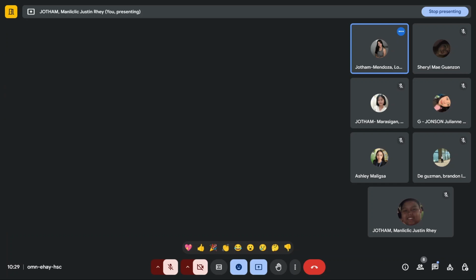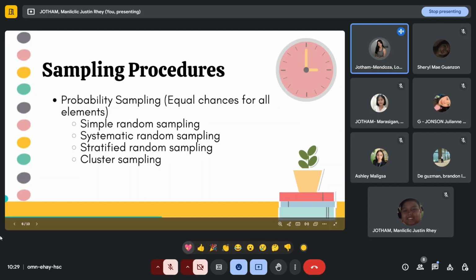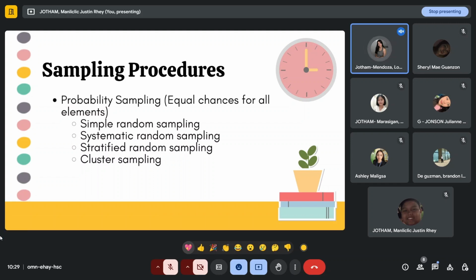Now, let's talk about how to select samples. There are two types of sampling methods. Probability sampling, where every element has an equal chance of being selected, which has its own types: simple random sampling, systematic random sampling, stratified random sampling, and cluster sampling.